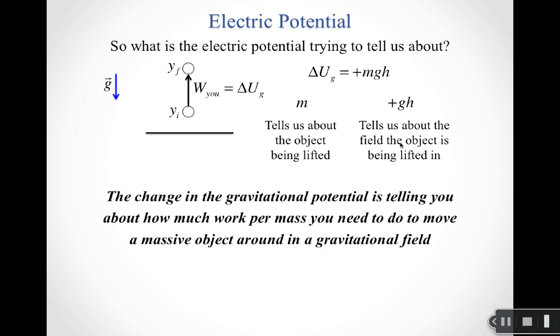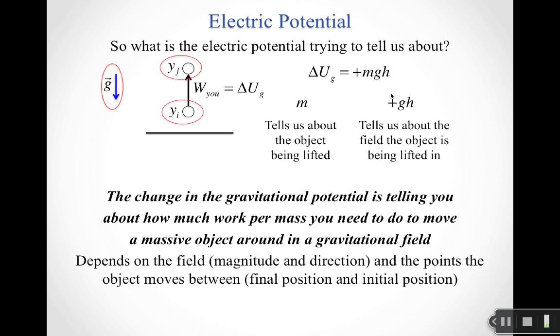So what's going on here is that the change in the gravitational potential is trying to tell you just about this. It says, I want to tell you how much work per mass you need to do to move a massive object around in a gravitational field. And so that depends on two things.